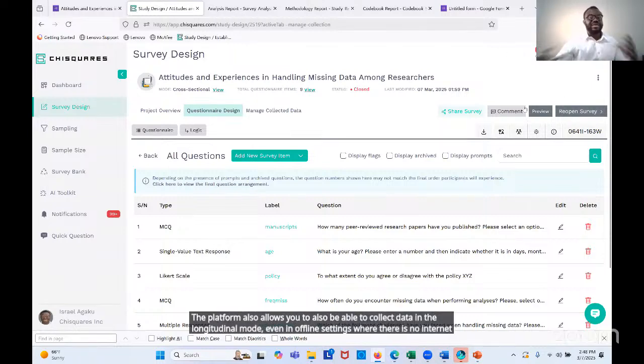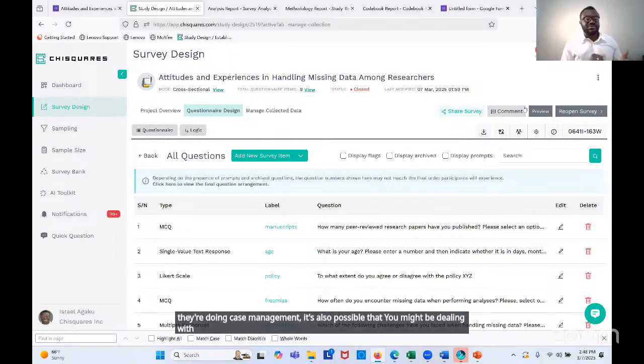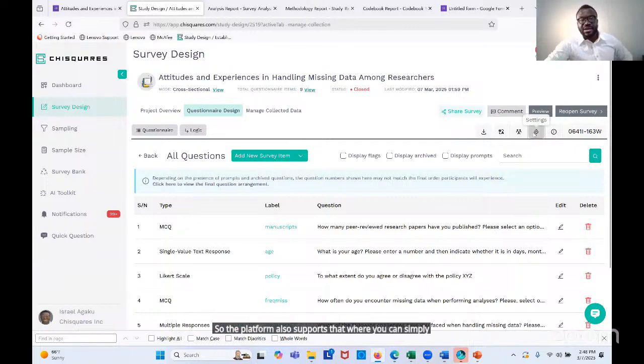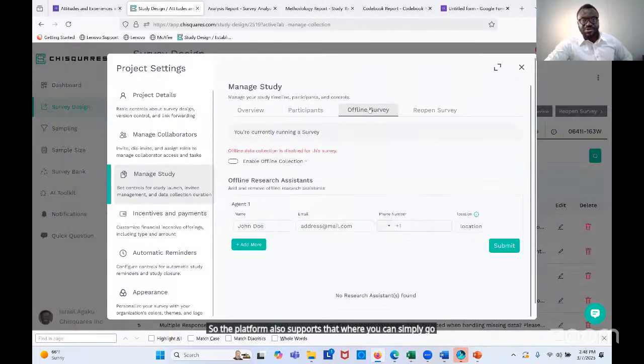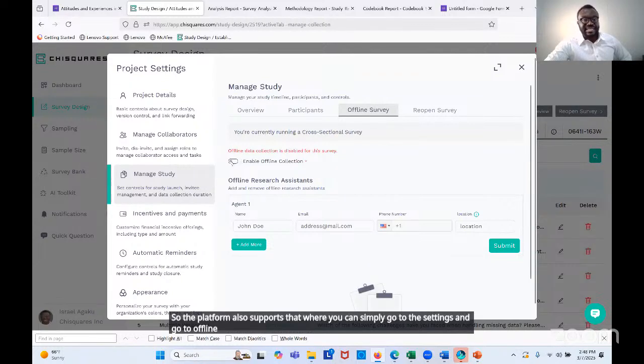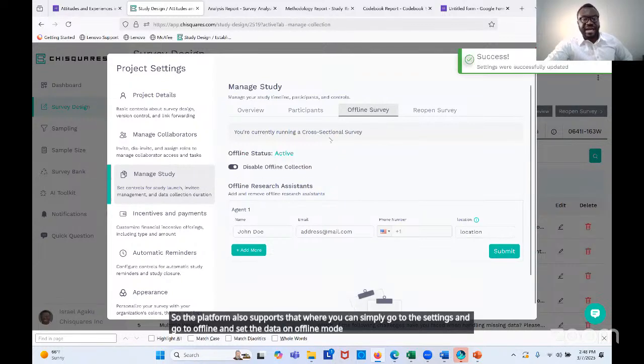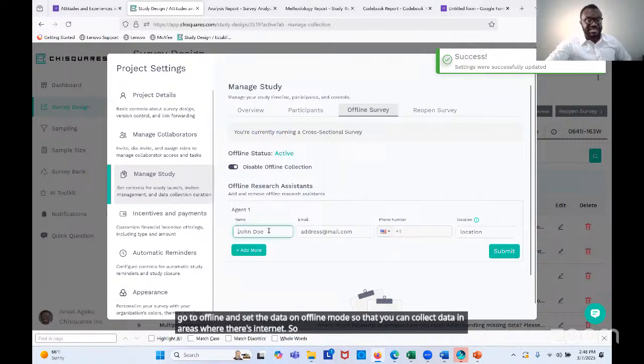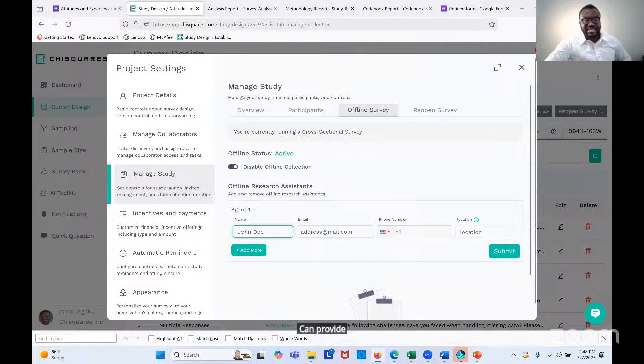Because if you're doing case management, it's also possible that you might be dealing with patients who are in areas where there is no internet. So the platform also supports that, where you can simply go to the settings and go to offline and set the data on offline mode so that you can collect data in areas where there's no internet. So let's say you have case managers. You can provide their name, their email, their phone number, and the location they're supposed to cover.